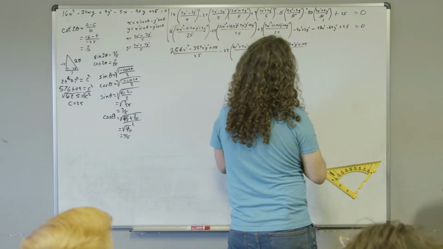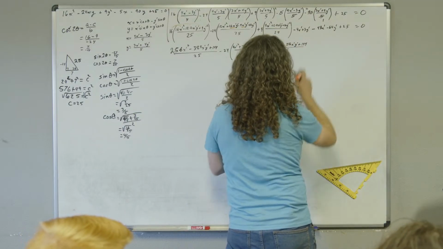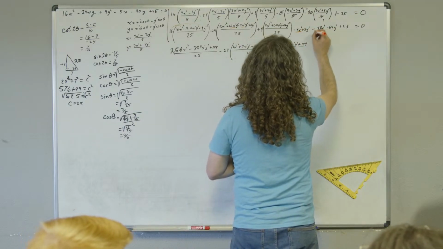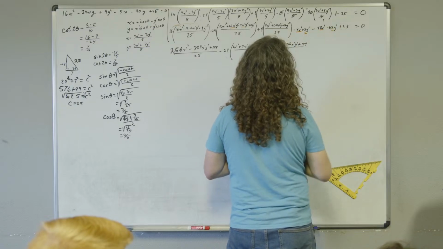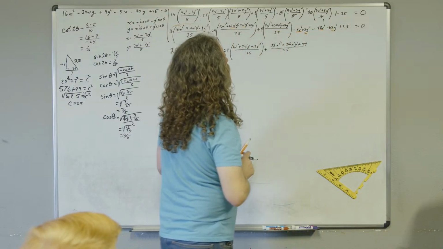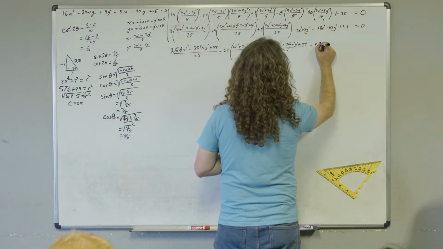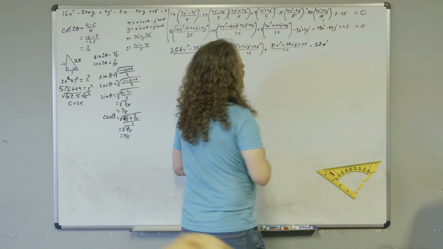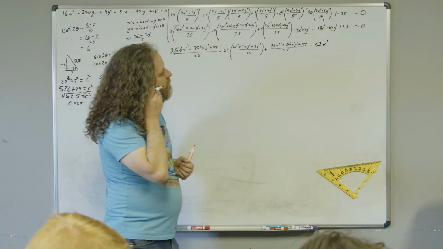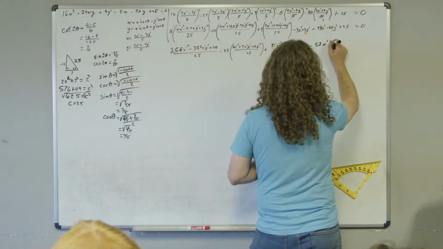We've got some like terms out here that we can deal with. Negative 4 minus 48 is negative 52. And then 3 minus 64 is negative 61.